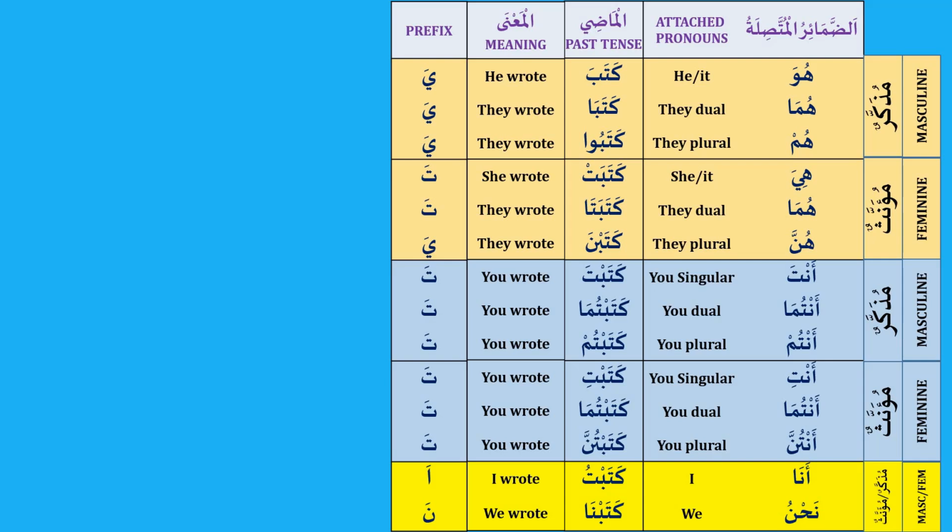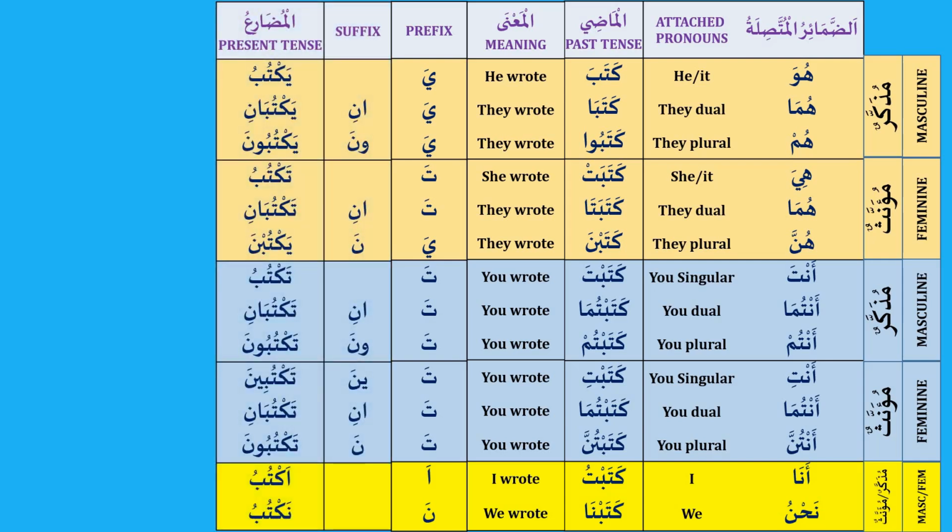And as for the suffixes, huwa is the root verb, simple verb, doesn't get any suffix. Huma gets alif nun. Hum gets waw nun. Hiya doesn't get any suffix. Huma gets alif nun.